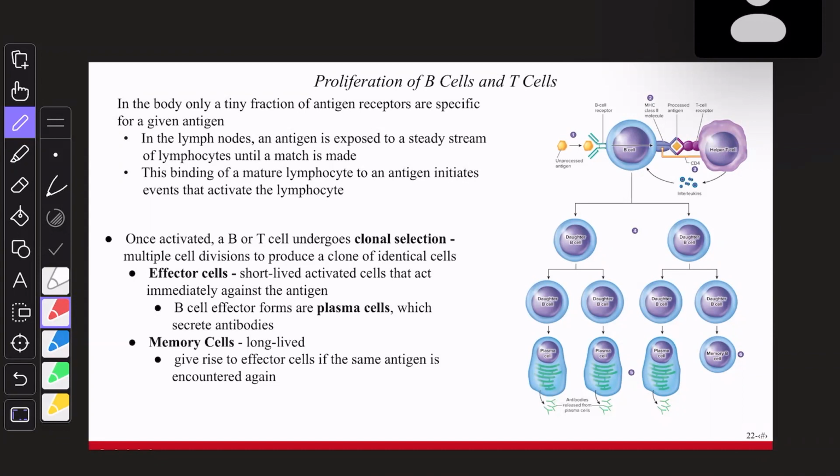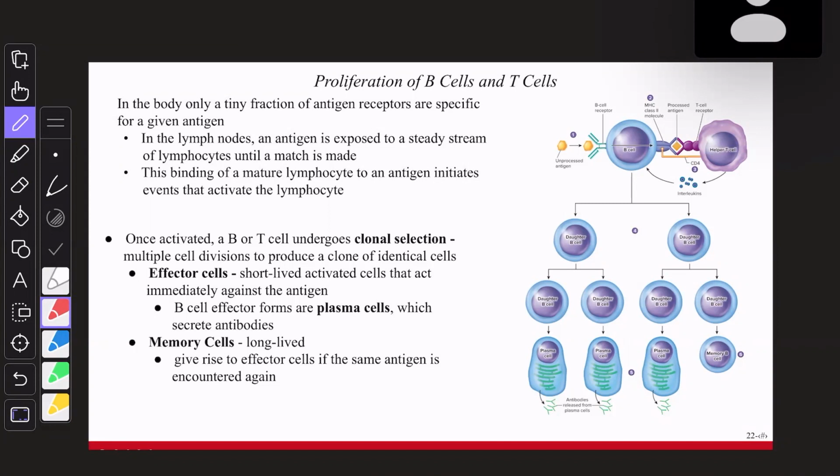What does an effector do? It causes an effect, right? It actually does something, right? Just like we talked about skeletal muscles being effectors and actually causing movement, right? So the effector cells are the immediate response. Okay, we've detected the pathogen is a problem, we know how to kill it.